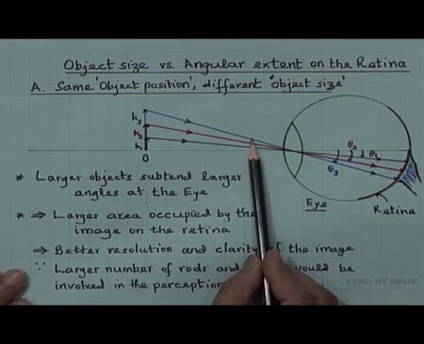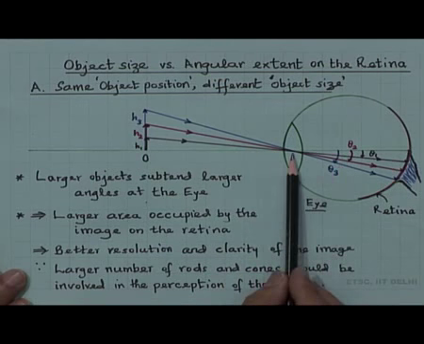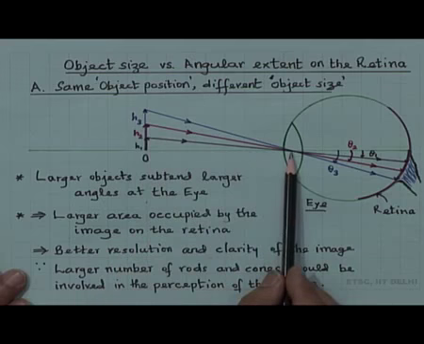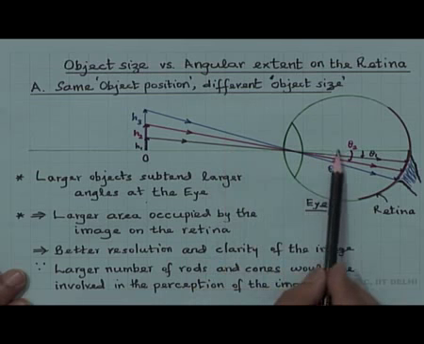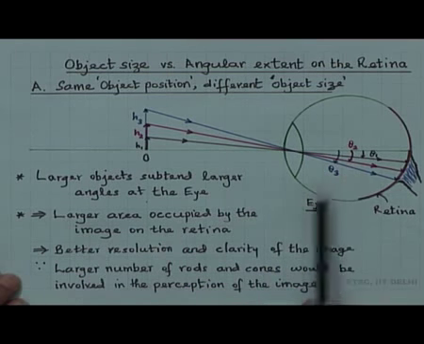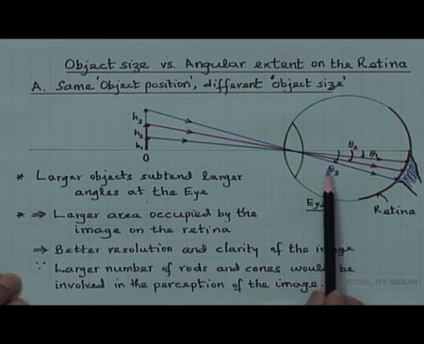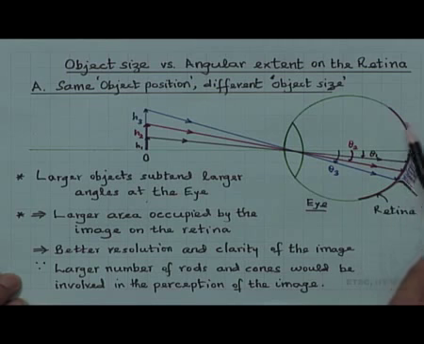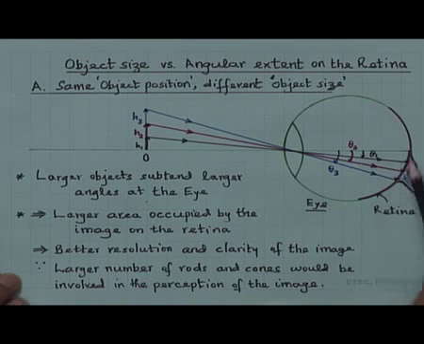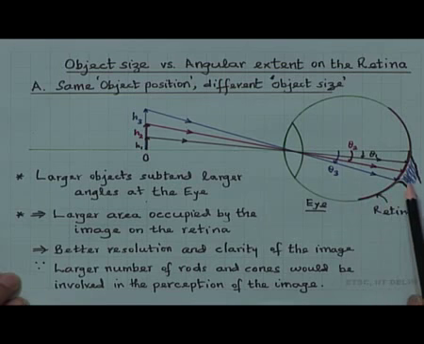So, we can look at the angle here or the angle here, it is one and the same, because we are looking at the central ray passing through the center point of the lens, and therefore, the angle subtended here is the same as the angle subtended here. Larger the angle subtended, larger will be the area of the retina which is involved. So, this whole region is the retina. Retina comprises of millions of cones and rods which are optical sensors, sensory components linked to the optic nerve which carries the signal to the brain.